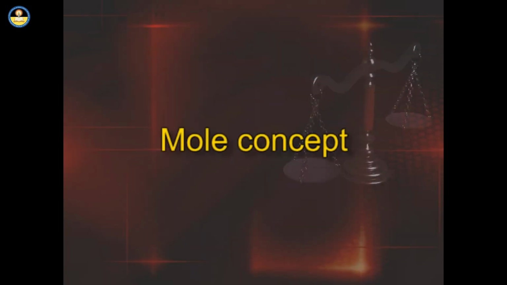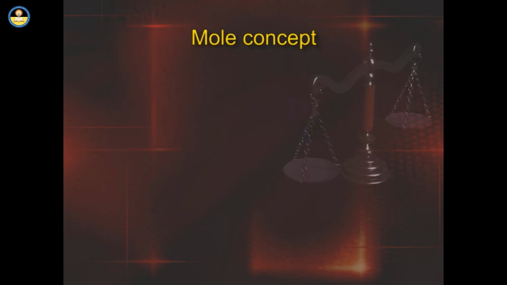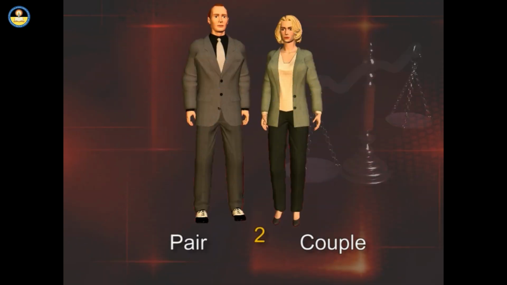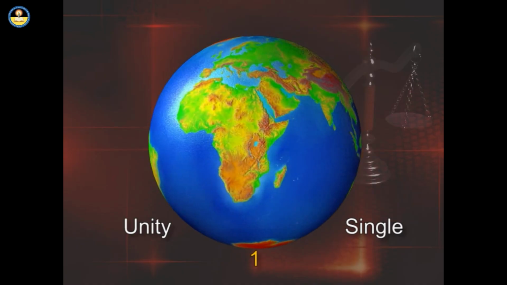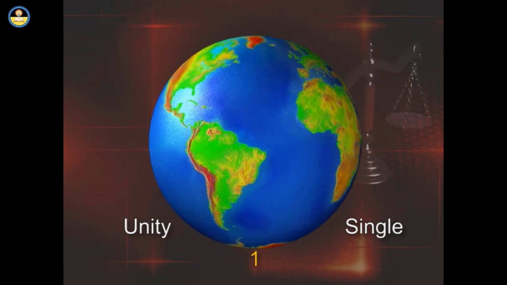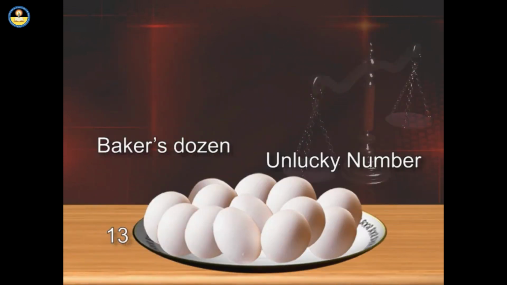Let us now try to understand the mole concept with the help of an analogy. A pair is represented by 2. It can also be called a couple. Similarly, unity can be represented as 1. It can also be called a single unit. A baker's dozen is represented by 13. It is also called the unlucky number.